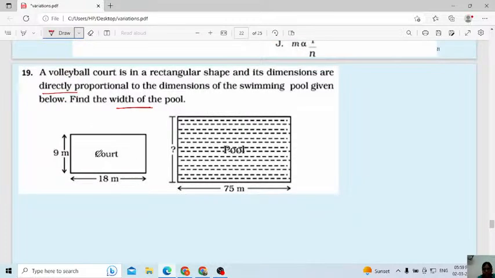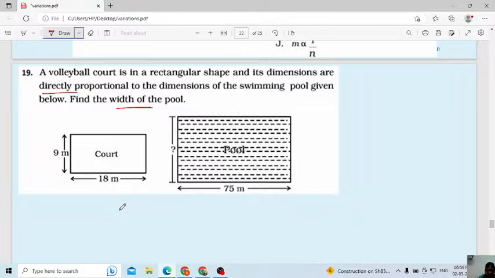Here we are comparing the quantities. Only in that case we will use the same quantities we are comparing. This is the volleyball court, this is the pool. Both are in rectangular format, and length and breadth are given. Both are directly proportional. Everything is given, then only you can compare the quantities. Okay, don't get confused. The answer is 37.5.